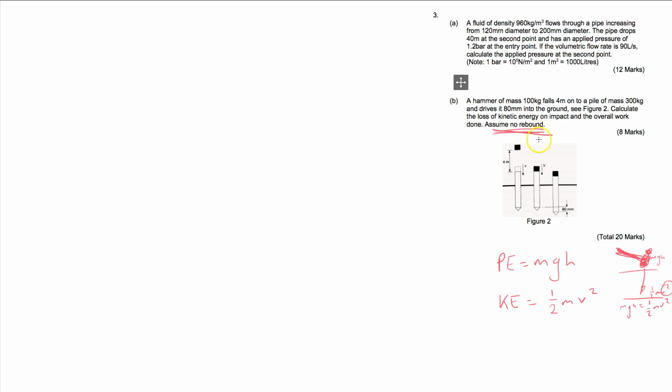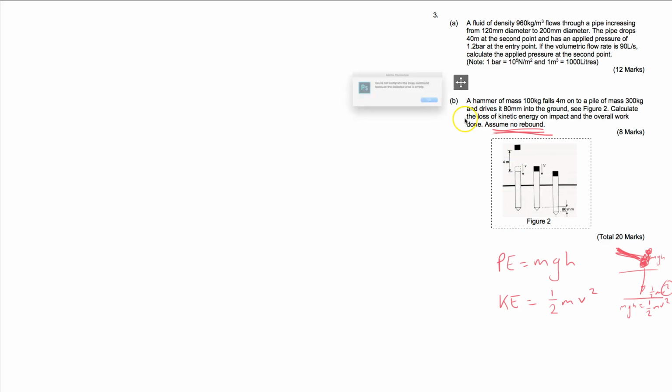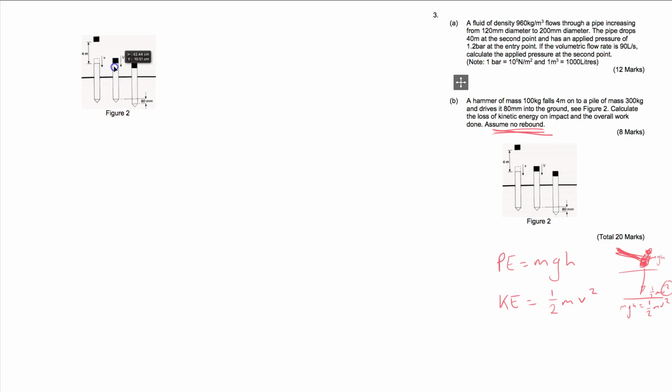So we've actually got quite a nice diagram here that we can lift, to be quite honest with you. Thank goodness they didn't have us draw this ourselves. That would be a nightmare trying to interpret the words of this. So I will copy that out here, and I've already stated my equations that are relevant here.